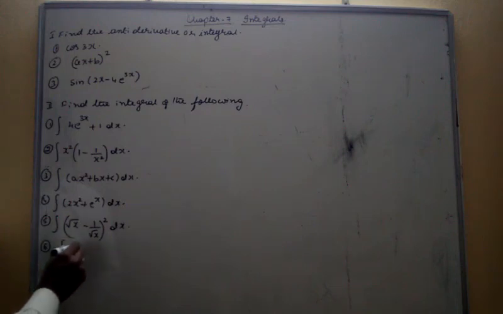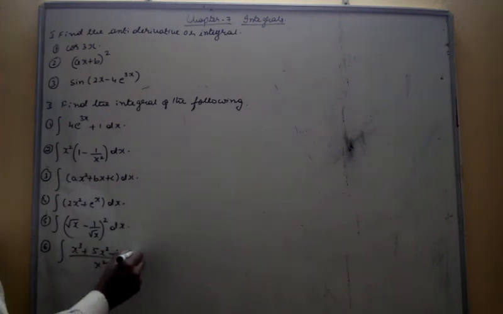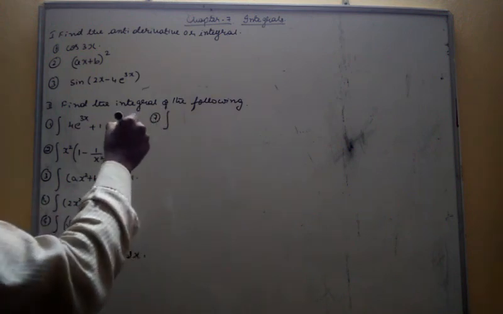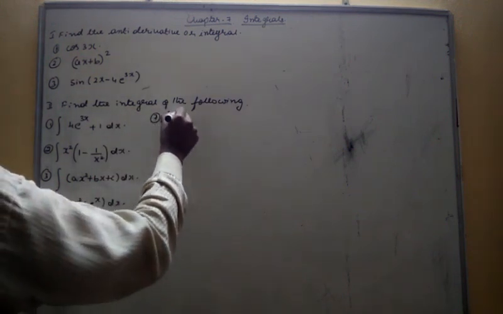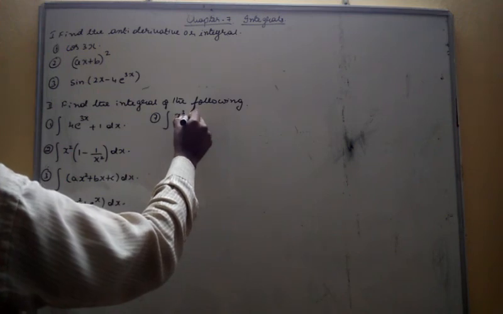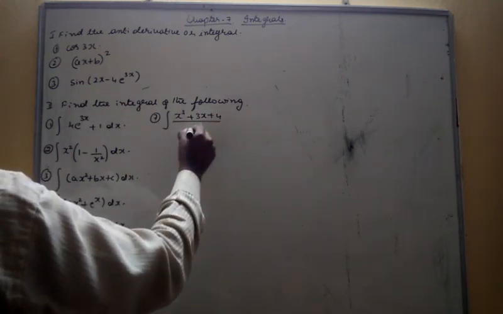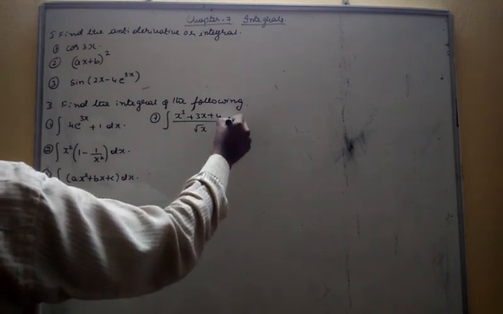Then the sixth one, x cube plus 5x square minus 4 by x square dx. Then the seventh one, integral of x cube plus 3x plus 4 by root x dx.